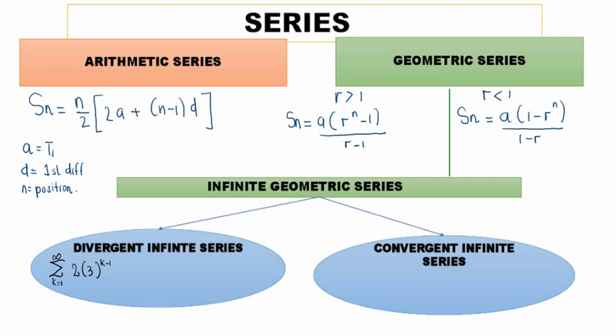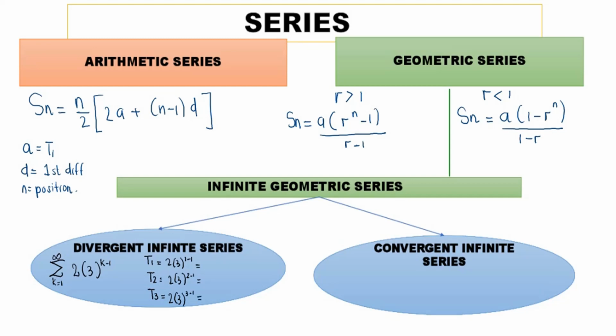So now if you were to get term 1 of this infinite geometric series, how would you get it? You would say 2 times 3 to the power of, where you see k, you're going to put a 1, minus 1. You're going to get your answer. Let's get term 2: 2 times 3 to the power of 2 minus 1. Term 3 is going to be 2 times 3 to the power of 3 minus 1.